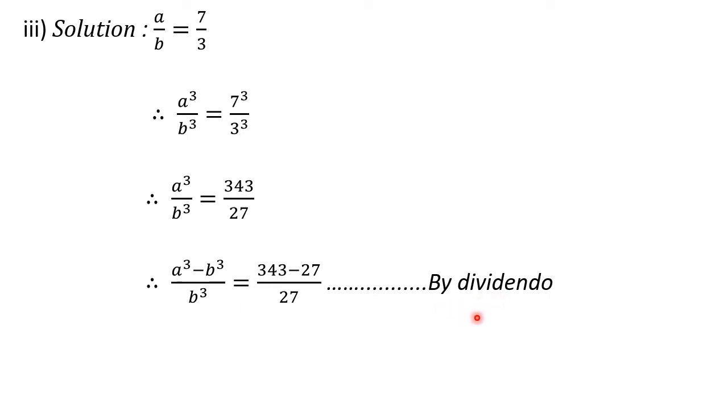So write down the property there, by dividendo. Okay, and then on left hand side we cannot make any change, but on right hand side from 343 you can subtract 27 and then you will get the answer as 316 upon 27. Okay, so this question has become easier by using the properties on equal ratios.